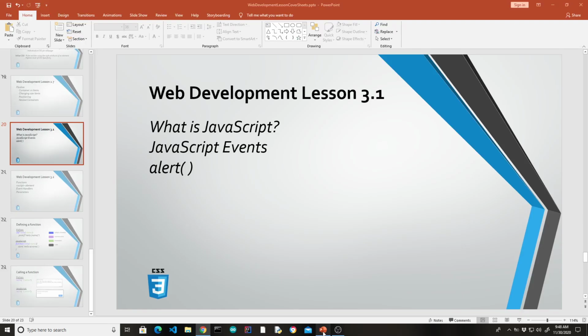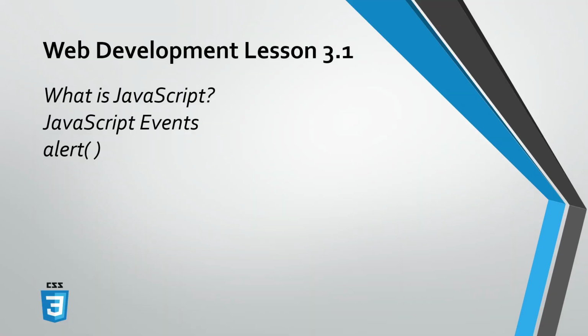So let's go back to our presentation. So in this lesson, we introduced JavaScript, which is a programming language. We're going to delve deeper into the traditional programming concepts such as variables, if statements, mathematical operations, for loops in future videos. In this video, we introduced event listeners, which is a way for us to interact with the user.